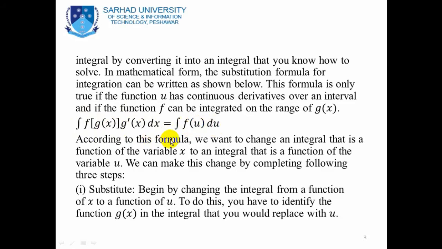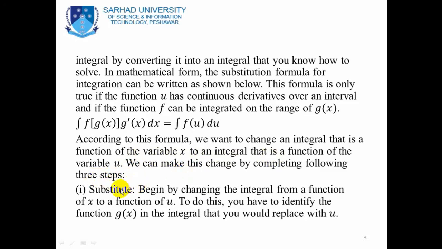According to this formula, we want to change an integral that is a function of variable x to an integral that is a function of variable u. We can make this change by completing the following three steps.